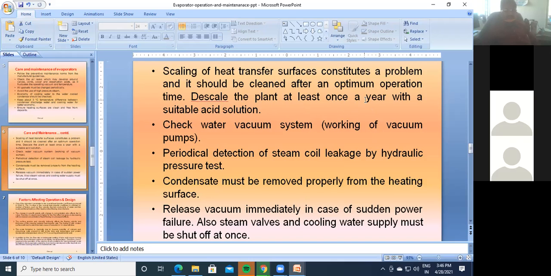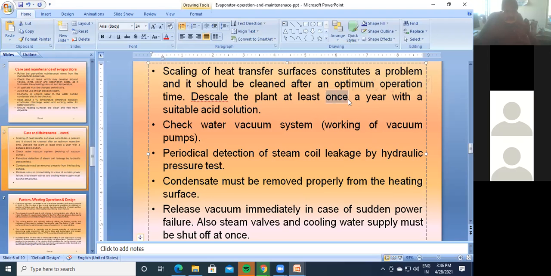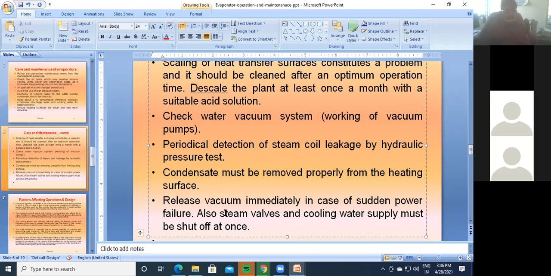You should do it at least once a month, not once a year. Check water vacuum system, periodic inspection of steam coil, condensate must be removed properly.